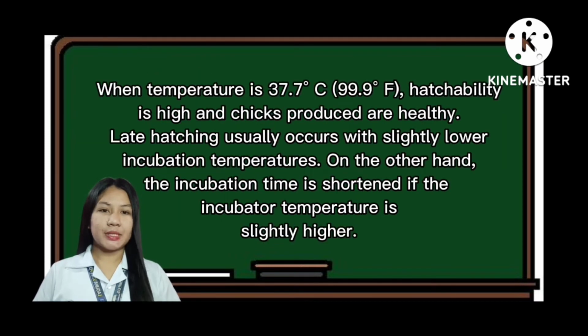When temperature is 37.7 degrees Celsius or 99.9 degrees Fahrenheit, hatchability is high and chicks produced are healthy. Late hatching usually occurs with slightly lower incubation temperatures. On the other hand, the incubation time is shortened if the incubator temperature is slightly higher.